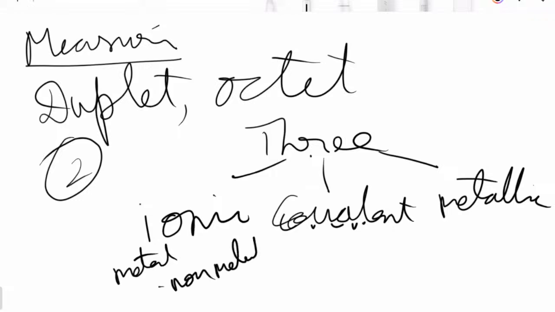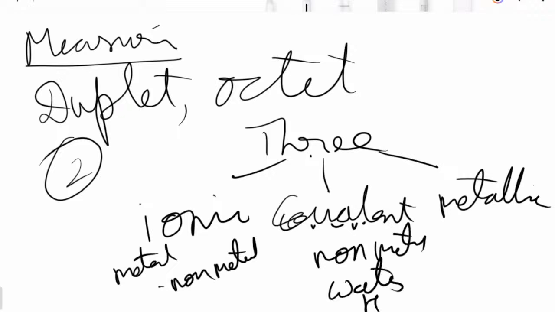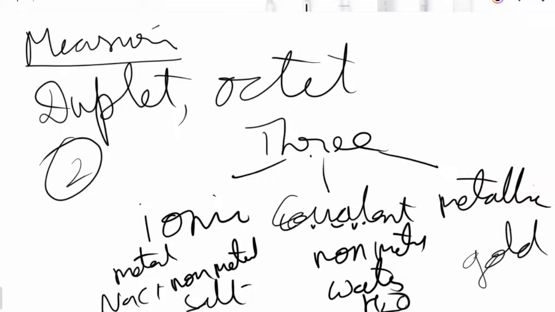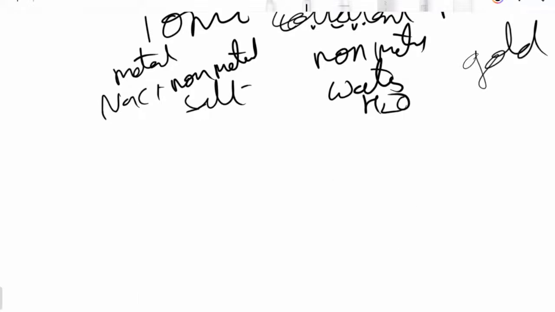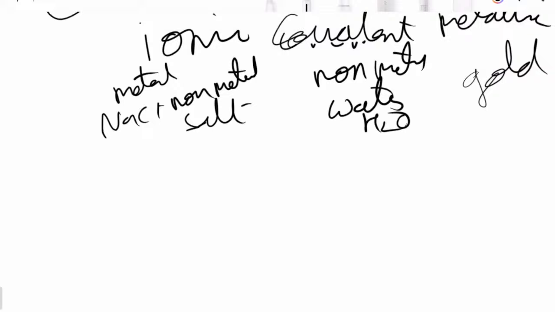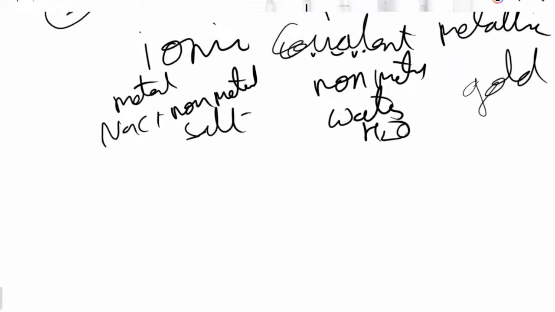Covalent happens between non-metals, for example water, H2O. Salt, Na and Cl, is a metal and a non-metal. And metallic, like gold. So these are a few examples I could give you. This was the answer for what chemical bonding is, why it happens, and how we measure it. So let's go to the next question.